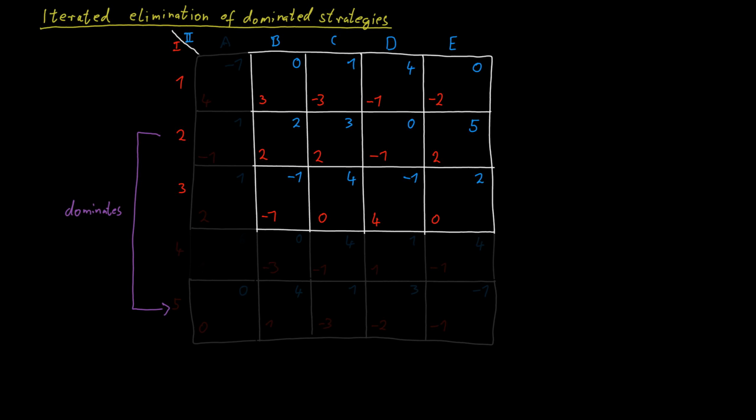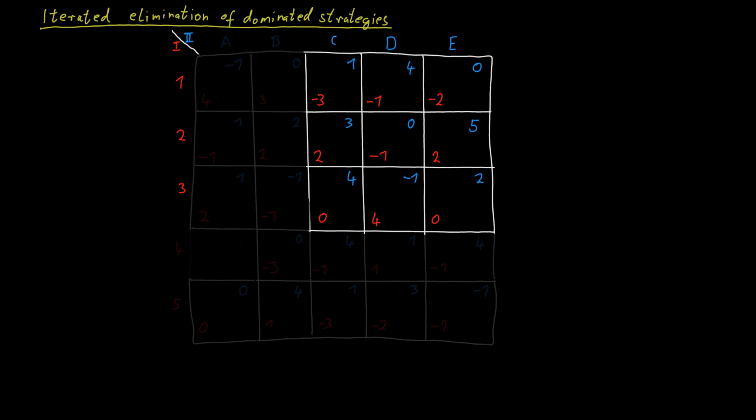We are left with a new game where player 1 only has 3 strategies left. In this new game, once again, if you want to look for yourself, pause the video here. In this new game, strategy B is dominated by strategy C. So we can remove strategy B from the game.